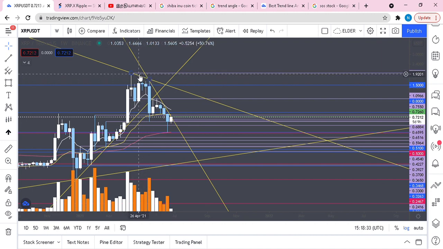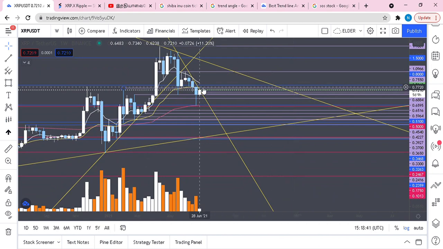If you see, with these 2 points we made the downtrend line. Right now if it goes up, I don't think it will have enough energy to break this, but when it comes down here, the price of the token will be very cheap.